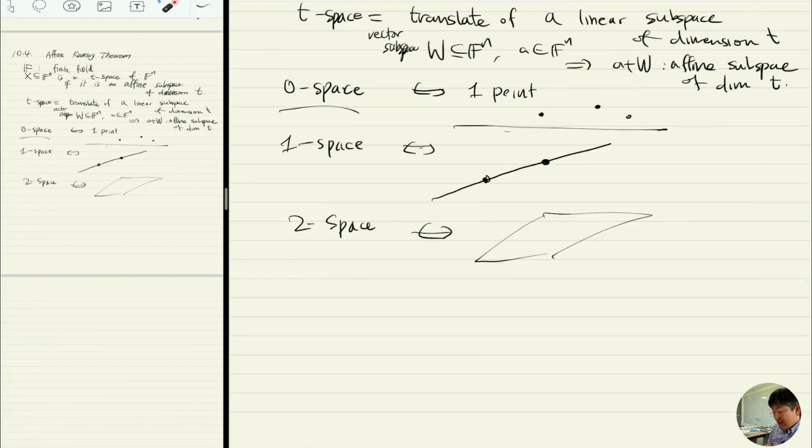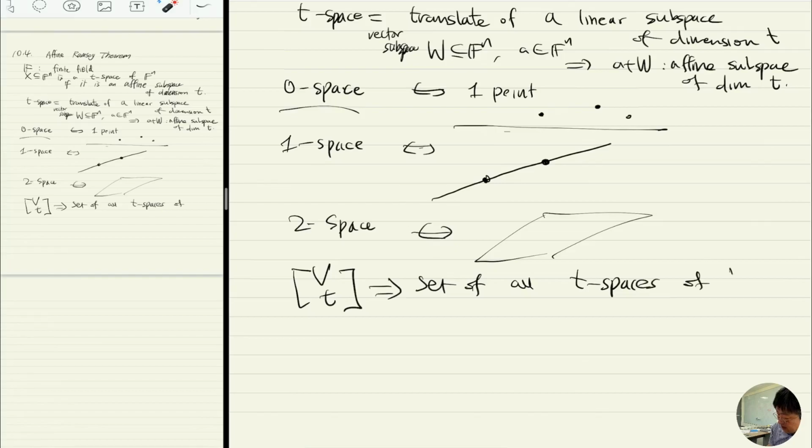Now, here's an interesting looking theorem. Oh, by the way, let me define further notation. For this section only, I'm going to use this bracket notation to denote the set of all t-spaces of F^n.